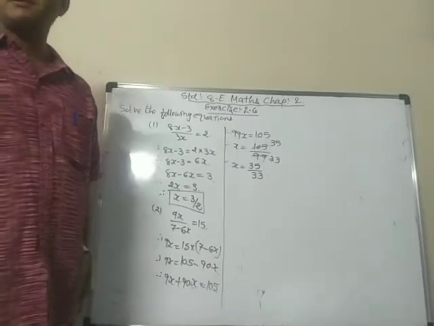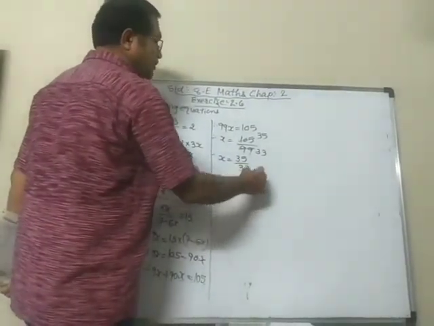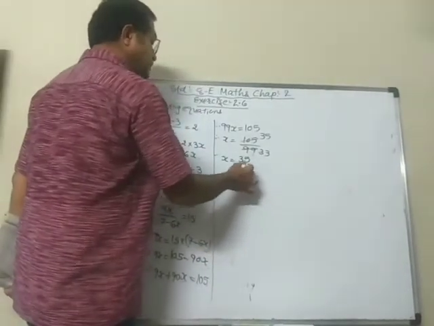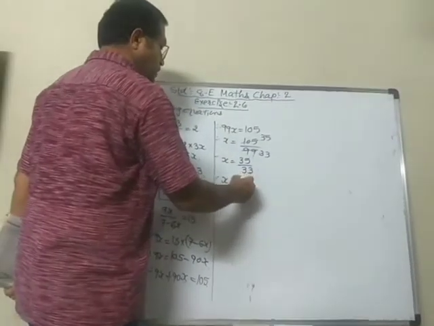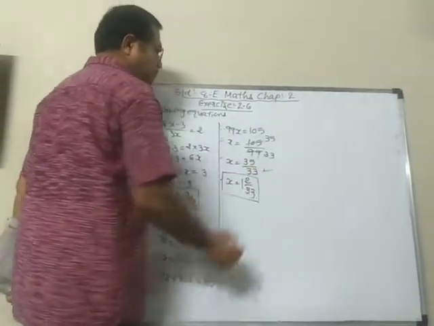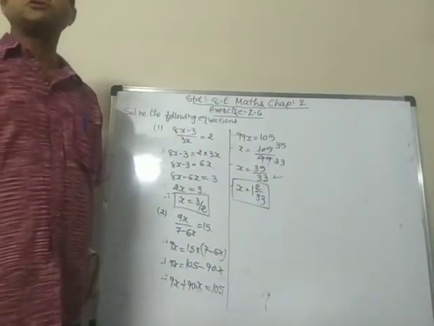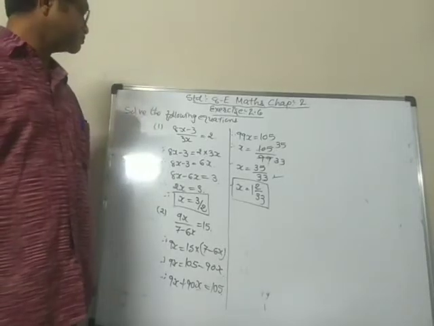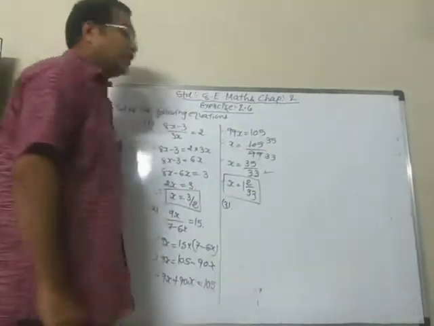It is an improper fraction, and therefore we have to convert it into a mixed fraction. 33 ones are 33, 1 and 2 upon 33. But it doesn't matter if you write down that one also, it cannot be wrong. That is also the right sum. Then we will take the third sum now.